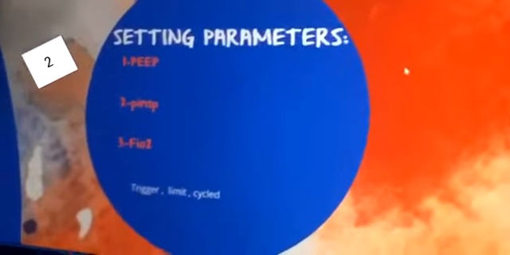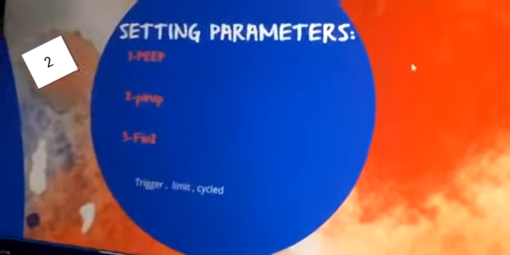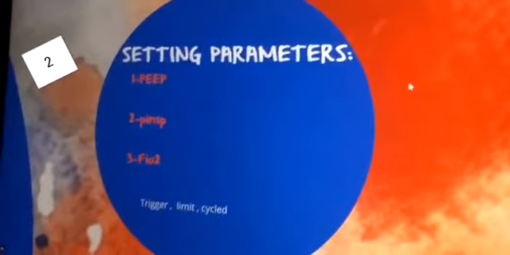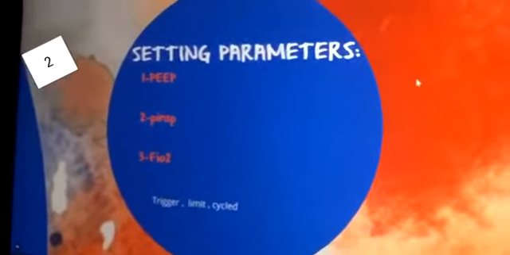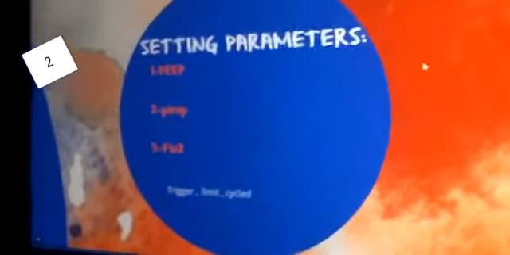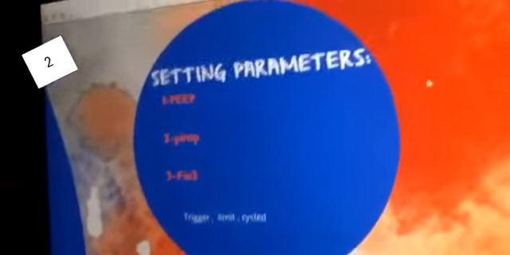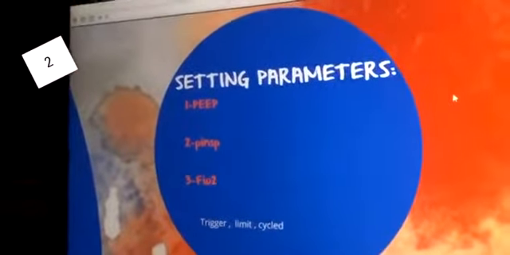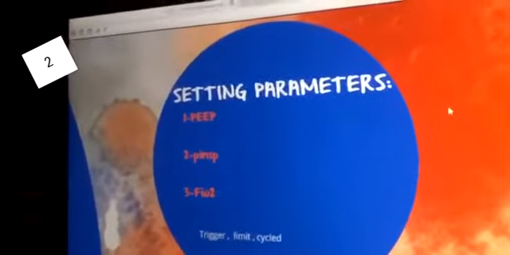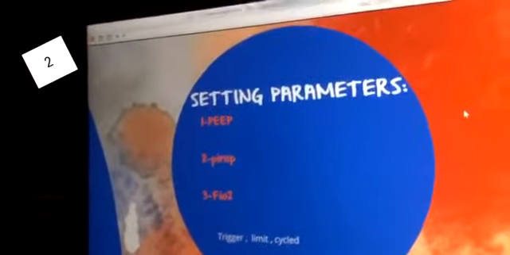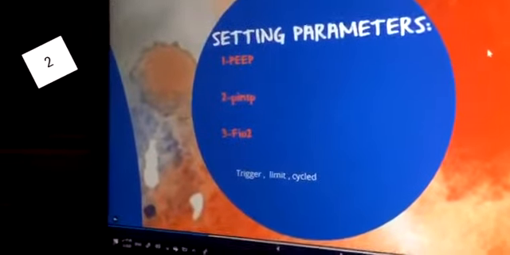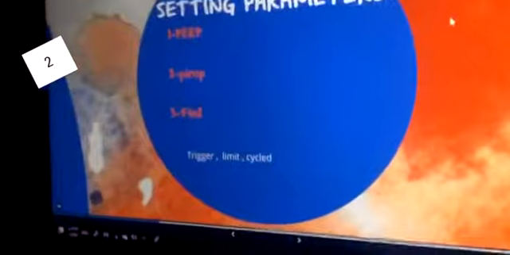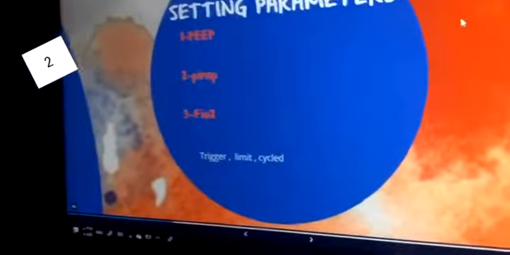Also, there is one parameter we set, which is the maximum inspiratory flow percentage, which is 25%. I'll explain in a second. Now, regarding the trigger, limit or cycle, it is triggered by the flow, which is patient trigger, and limited by pressure, which is the pressure support we set. It cannot exceed it. For example, if you put a 10 pressure support above the PEEP, the patient cannot generate more than 10.